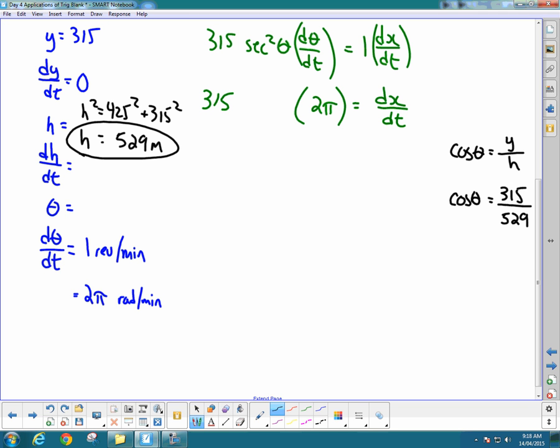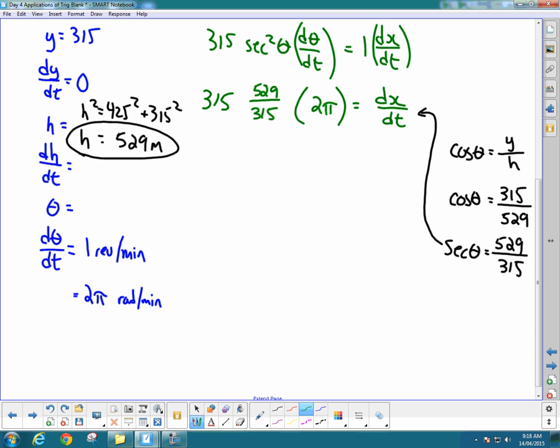That's great, except I don't actually want cosine. What do I want? Nope. I want secant, right? So secant, if that's cos, what's secant? Reciprocal, 529 over 315. And that I'm going to plug in here. So secant is 529 over 315.